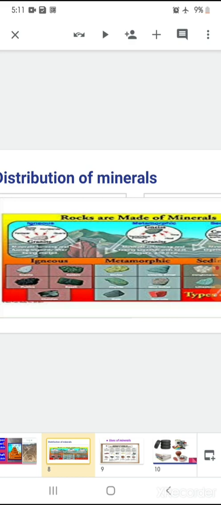Can anyone tell? Generally, okay, I'll tell you. Generally, metallic minerals are found in igneous and metamorphic rock formations. Iron ore. Generally, metallic minerals are found in igneous and metamorphic rock formations that form large plateaus. And sedimentary rock formations are formed where you have the elements derived from the different layers of the earth's crust.